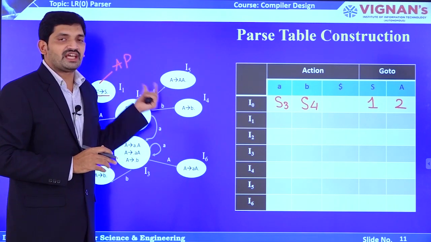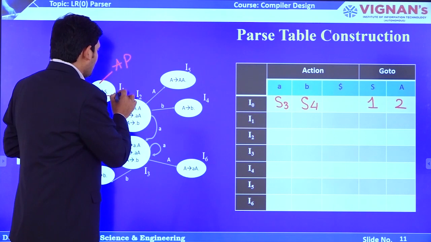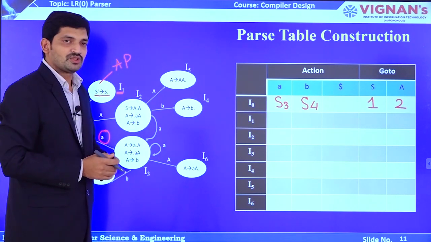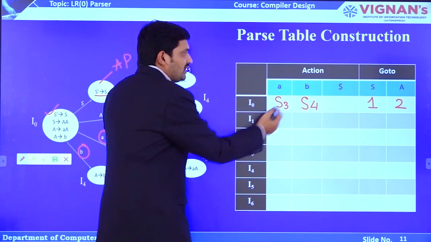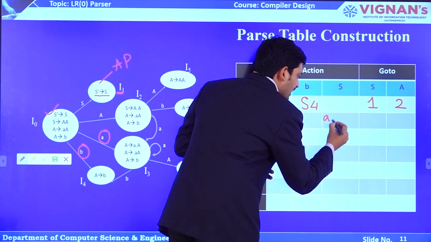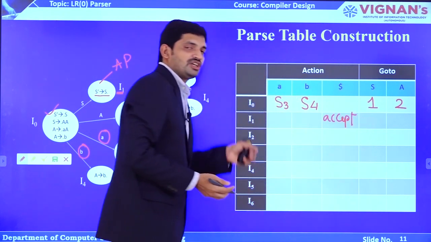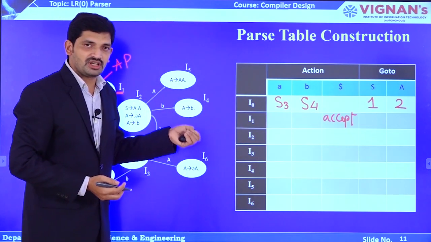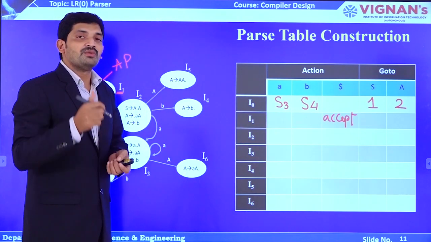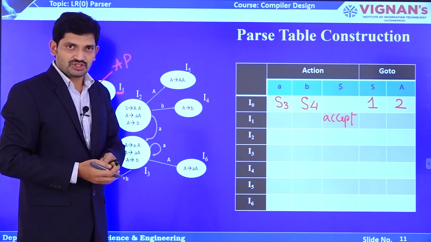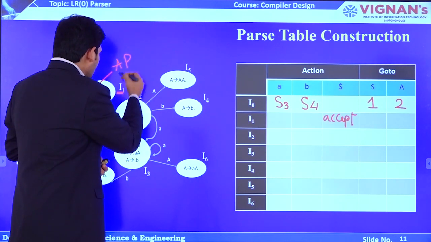So we cannot perform the reduction operation in state number 1. So what I have to write? From I1 on dollar, I have to write accept, because as we discussed, this augmented production or augmented grammar indicates to the parser where to stop the parsing process. Okay. So I1 is over.